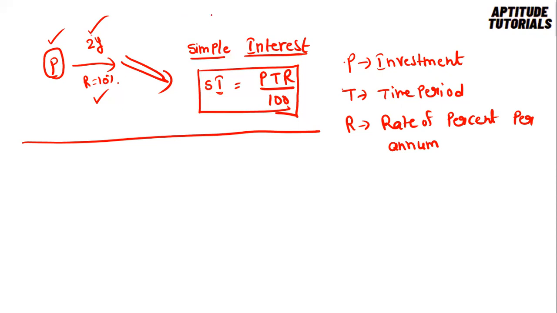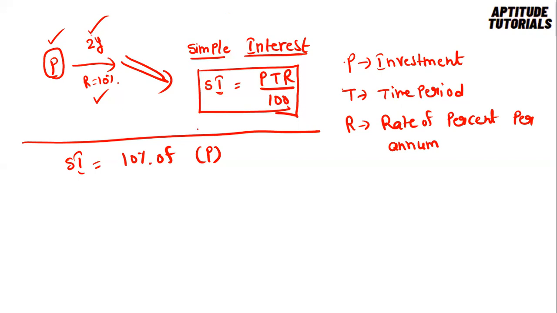If you want to solve the same question in the percentages method, the simple interest is 10% of the principal, or 10% of the investment that you have made. Rate of interest per annum means you have to pay every year that percent of the principal to the person from whom you have taken it.